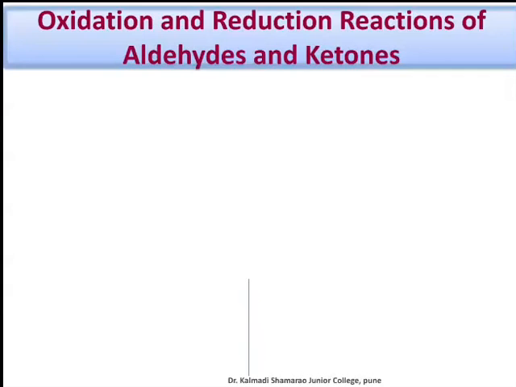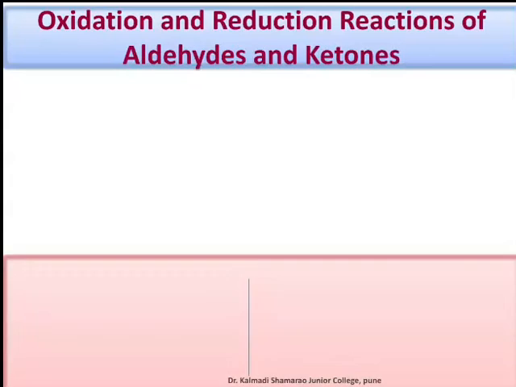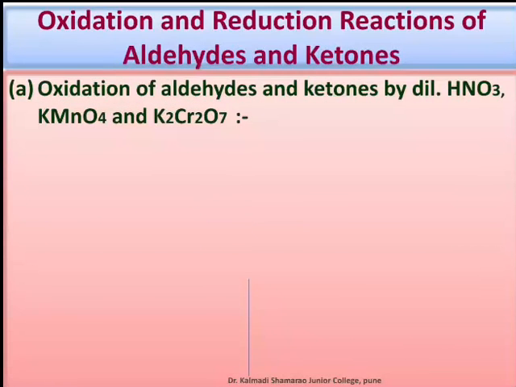Let's move to the next topic, oxidation and reduction reactions of aldehydes and ketones. First, let's try to understand the oxidation of aldehydes and ketones with dilute HNO3, KMnO4 and K2Cr2O7.